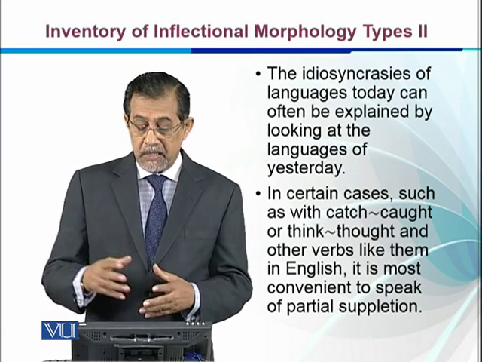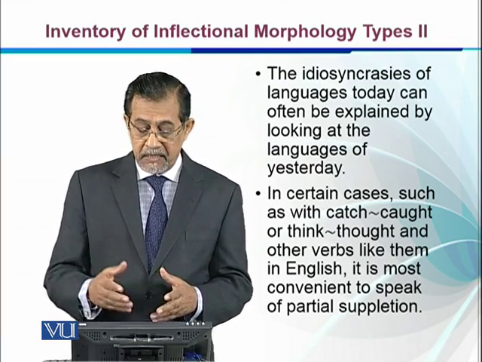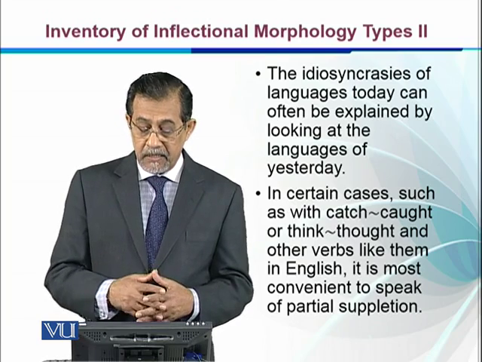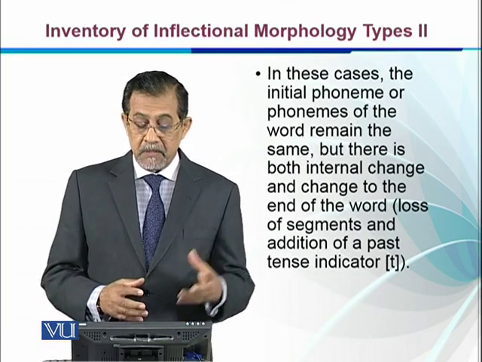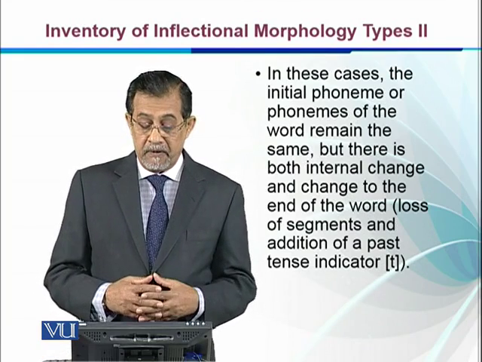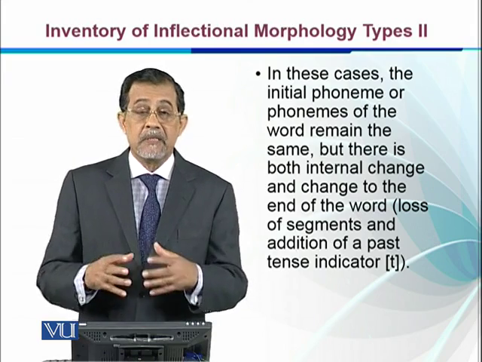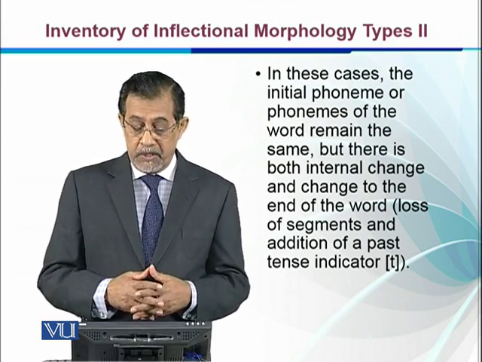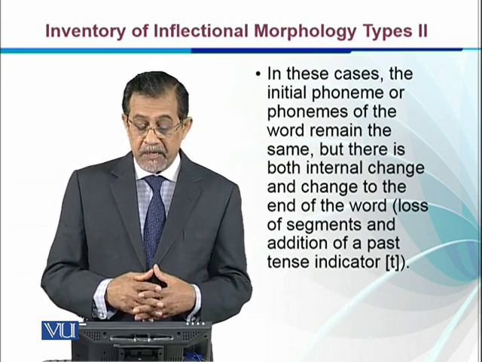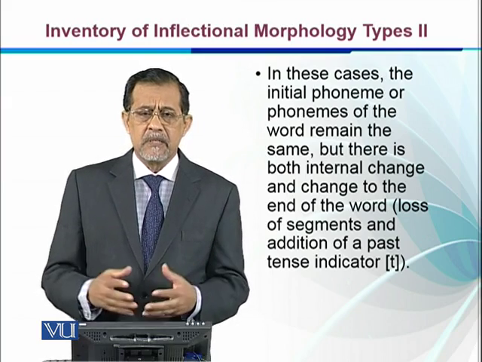However, we can see that the t refers to the past tense, as in thought and caught. In these cases, the initial phonemes of the word remain the same, but there is an internal vowel change, and at the end of the word, the loss of segments and addition of the past tense indicator, that is t.